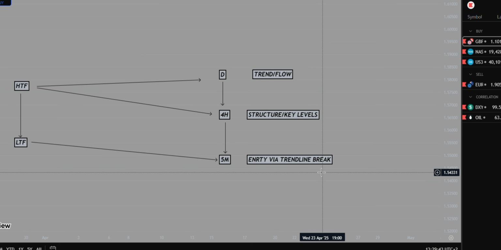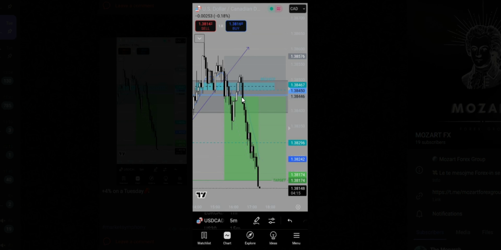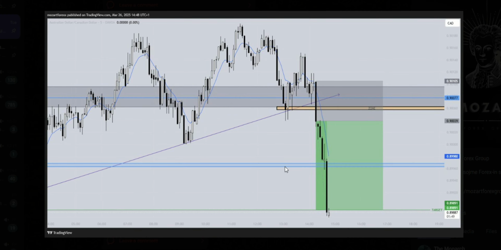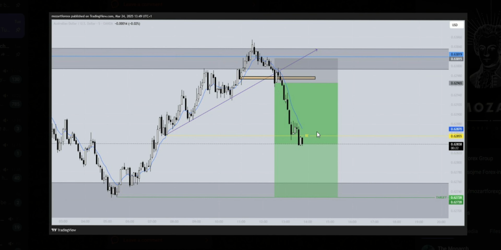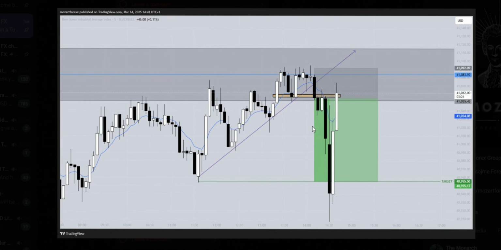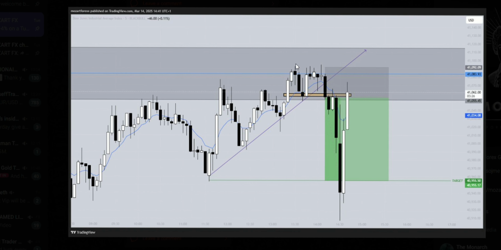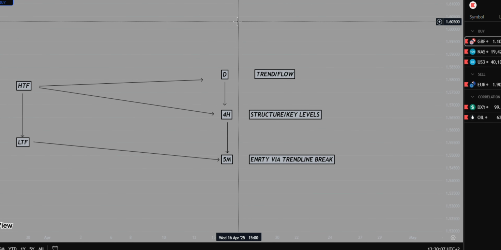I'll get right into it: what trend lines are good, which are bad, and how I enter. I'll explain how I took this trade, the USD CAD one, but it's the same as this one, same as this one, same as this one, so it's the basic principles.